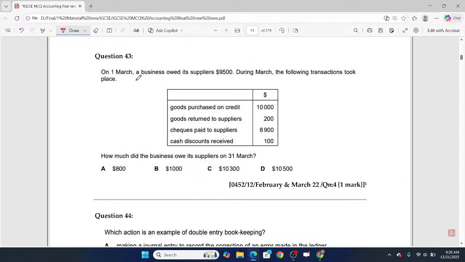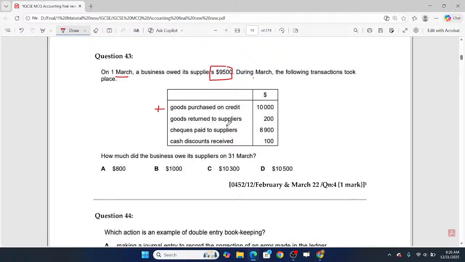On 1st March, a business owed its supplier 9,500. During March, the following transactions took place. Okay, so 9,500 is supposed to be paid. Goods purchased on credit: again, the payment to them is increasing.